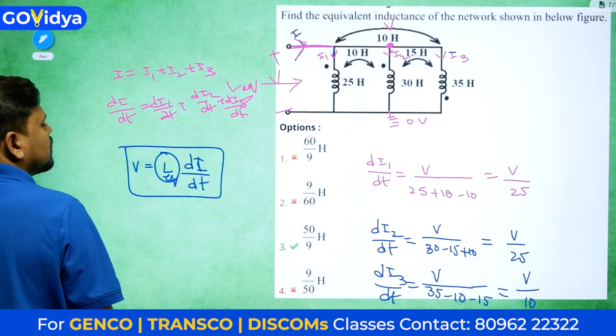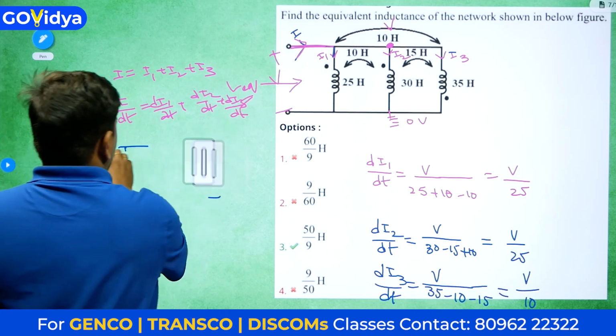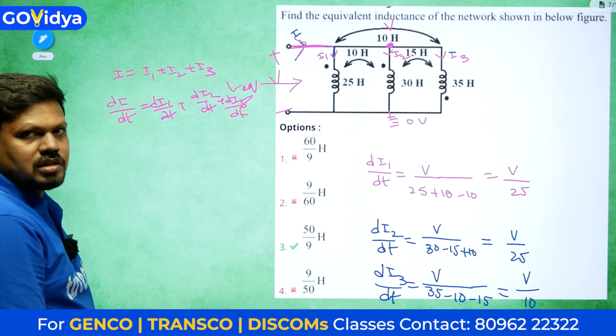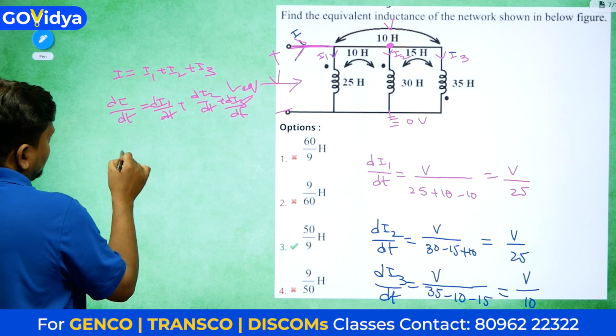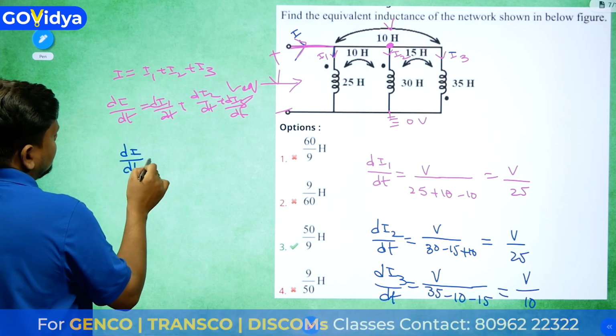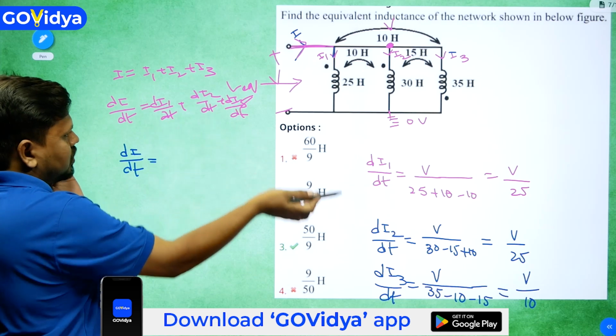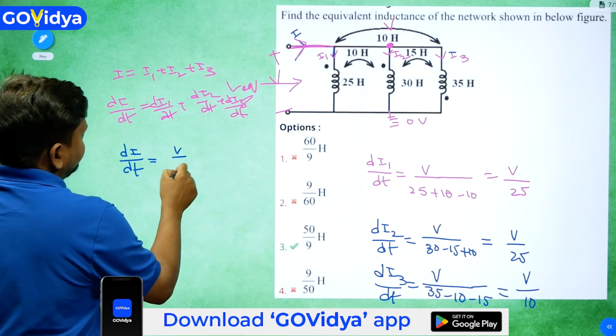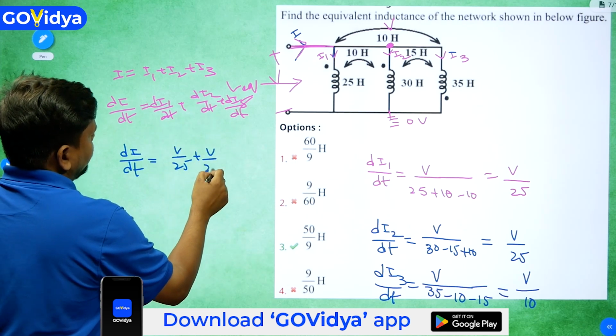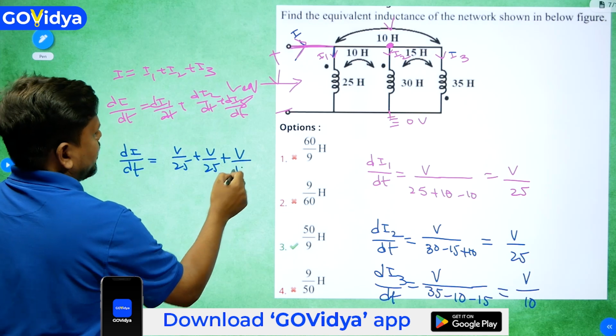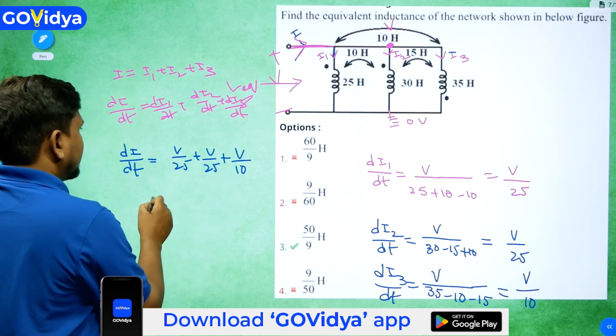So there is no need to write all these things; if you add all these three, that's enough. So di by dt equals the sum of these three: V by 25 plus V by 25 plus V by 10.